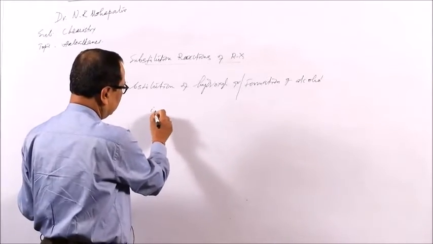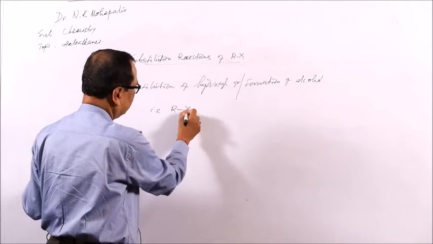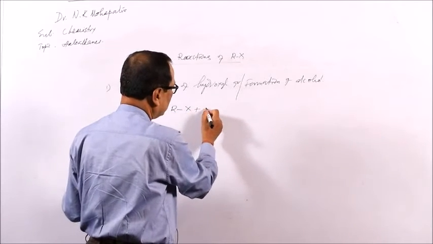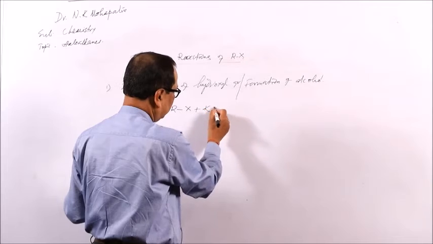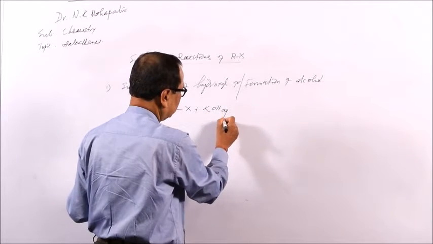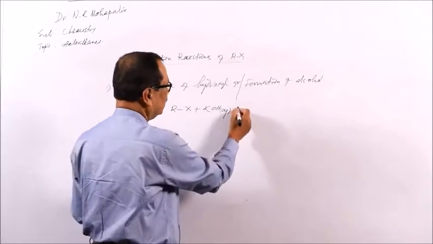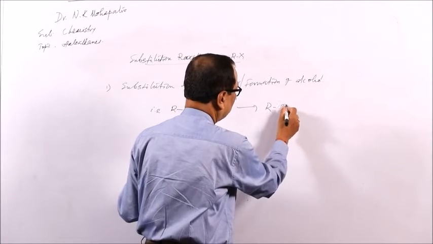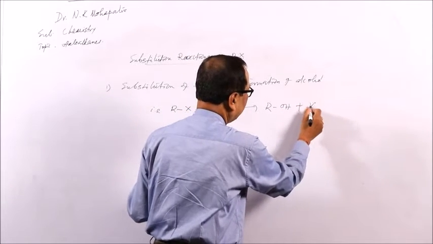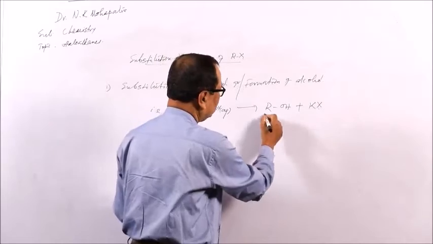That is RX plus potassium hydroxide aqueous. The product will be ROH plus KX. So this is your alcohol.